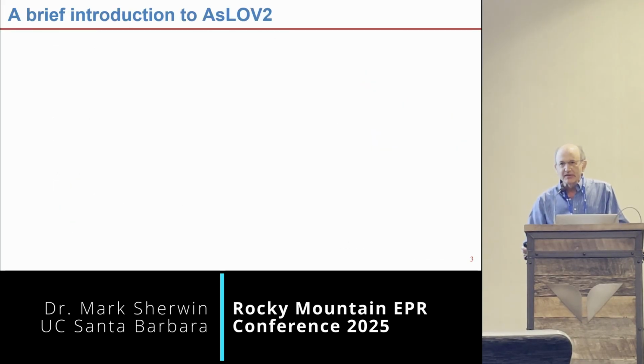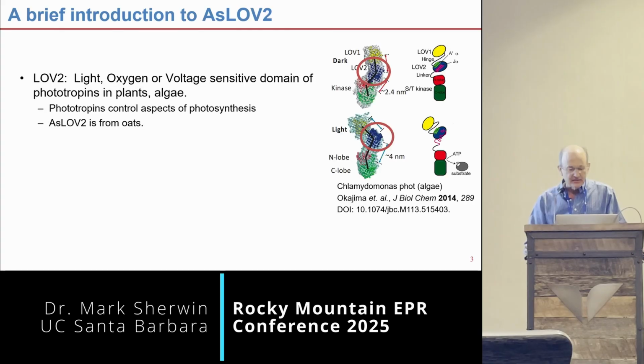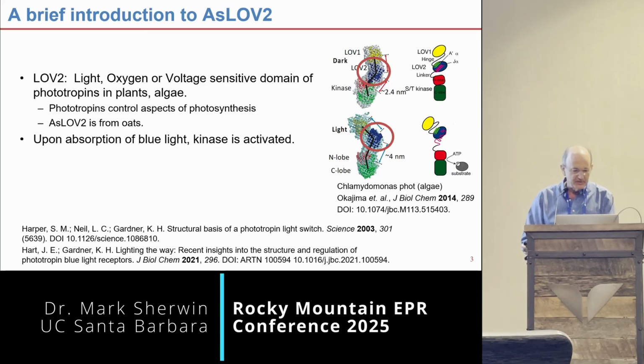The protein domain that I'm going to be focusing on is AsLOV2, and I'll briefly introduce that. This is a light, oxygen, or voltage sensitive domain of phototropins in plants and algae. Phototropins control aspects of photosynthesis, and AsLOV2 is the protein domain from oats.